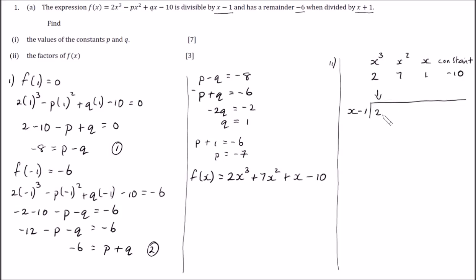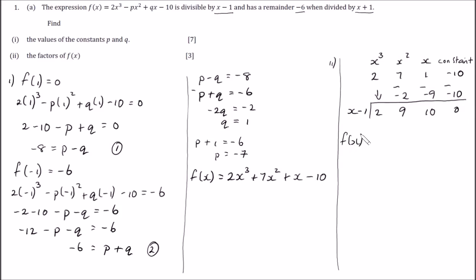I bring down, I get 2. −1 by 2, that's −2, subtract, I get 9. −1 by 9 is −9, subtract, I get 10. −1 by 10 is −10, subtract, I get 0, which I should get since this is my remainder.